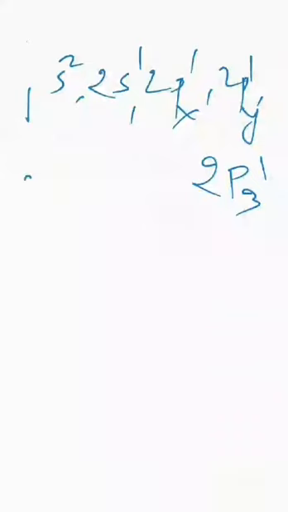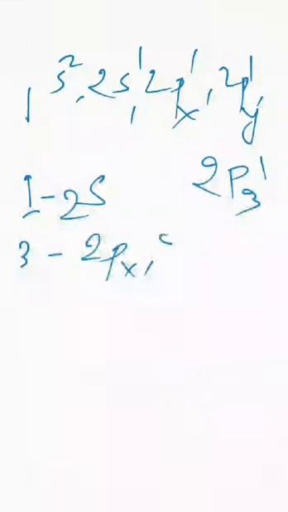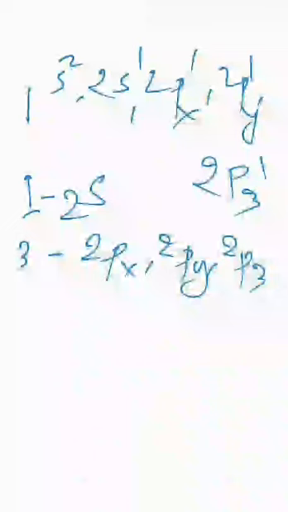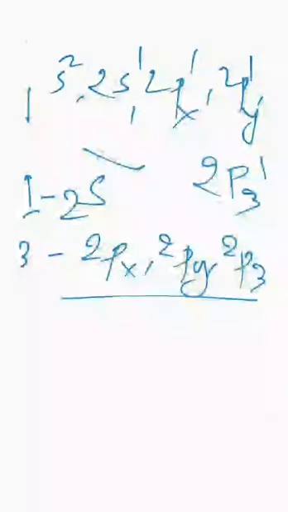The one s orbital, that is 2s, and the three p orbitals, 2px, 2py, and 2pz, get intermixed and redistributed.